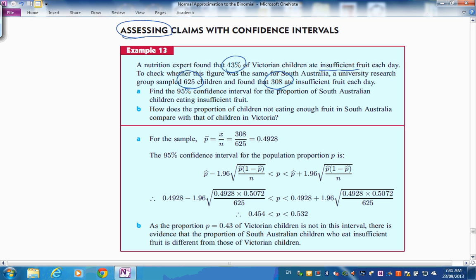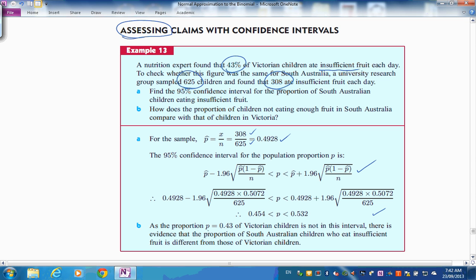What is that as a fraction or a percentage? 308 over 625, 49%. It looks like we're doing poorly here. It looks like a higher percentage of children are not eating sufficient fruit. Let's state the interval there for South Australia, and it says our true population proportion is between 45% and 53% roughly.